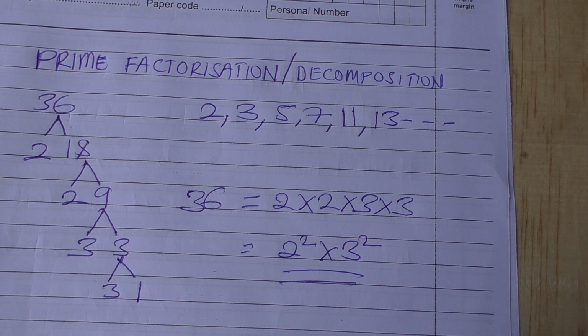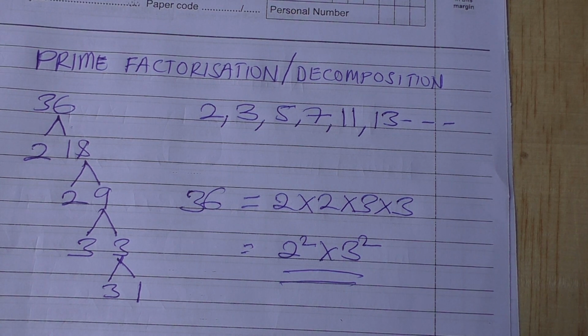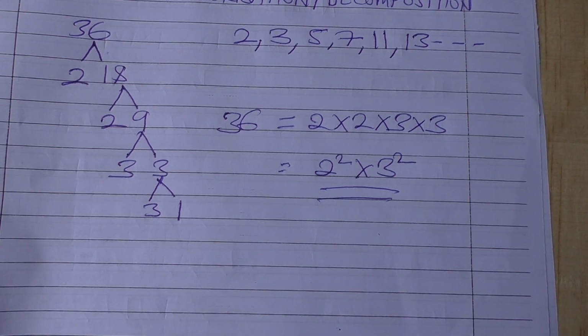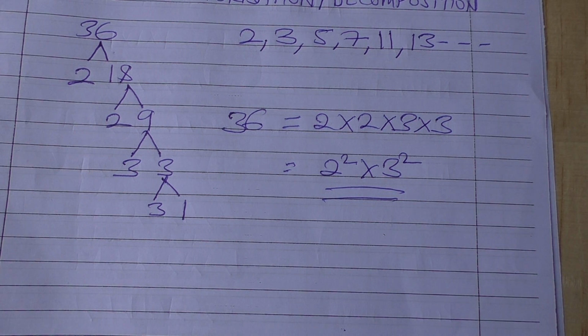So after knowing where we apply prime decomposition or prime factorization, this is where we can use prime factorization to get the HCF, because in our previous lesson we saw how we get HCF.